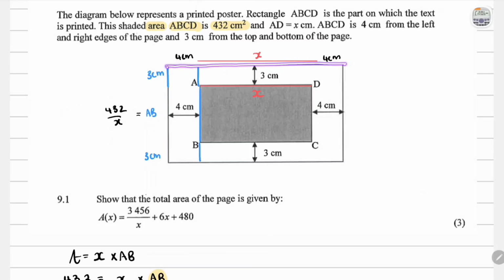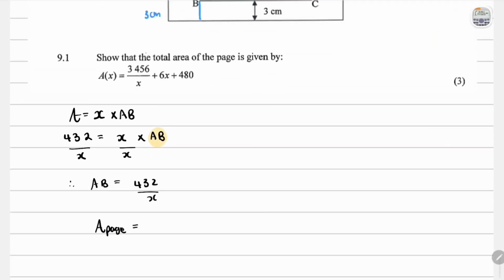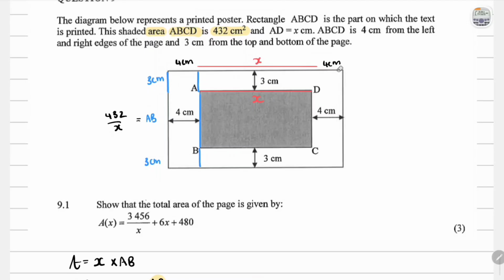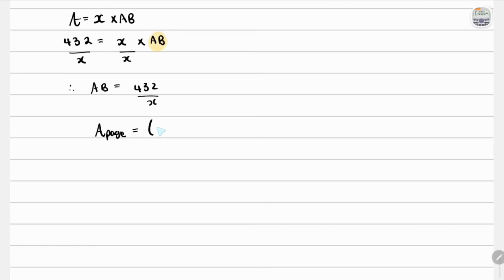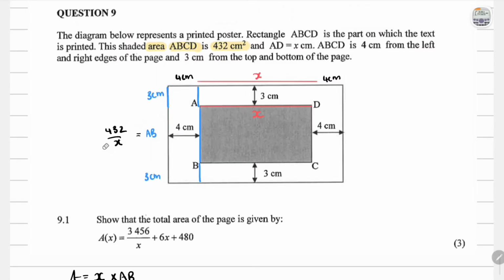And then the width or the breadth is going to be 3 plus 3 and then AB, which is 432 over X. Okay, so the area of the page would be equal to, we'll take all of that, which is 8 plus X. So we can say X plus 8. And we're going to multiply, that's the length. We'll multiply it by the breadth, which is 6 plus that.